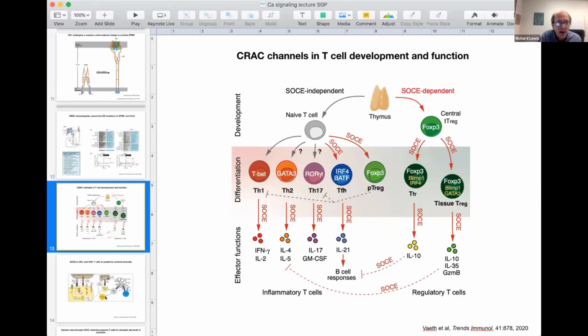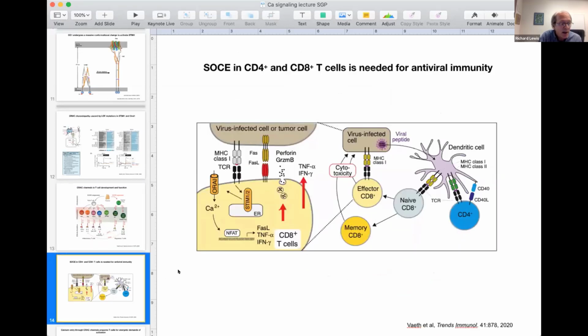Now, an effective antiviral response requires store-operated entry in both CD4 and CD8 positive cell subsets. In the CD8 positive cells, SOCE controls the release of cytotoxic granules containing granzyme B and perforin, as well as the expression of Fas ligand and inflammatory cytokines like TNF-alpha and interferon gamma.